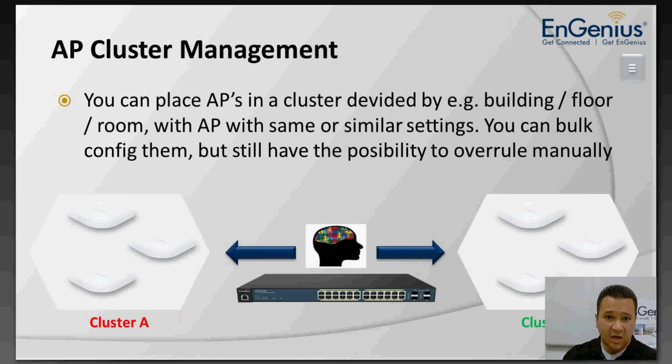But still, individually, you can override the cluster settings and give different settings to separate access points. So you have to smartly divide your access points into groups in your wireless deployment.